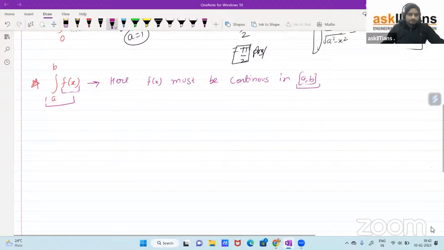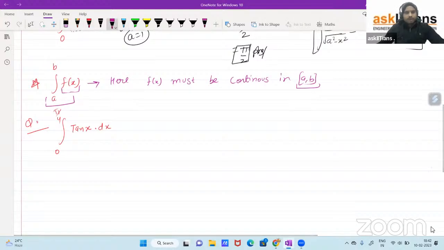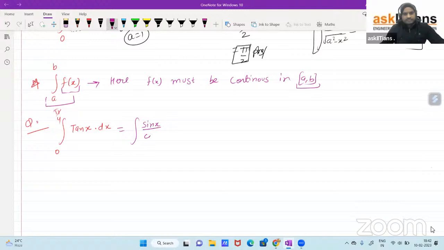Next question. Integration of tan x from 0 to pi by 4. So how can you write it? Integration of sin x divided by cos x into dx from 0 to pi by 4.